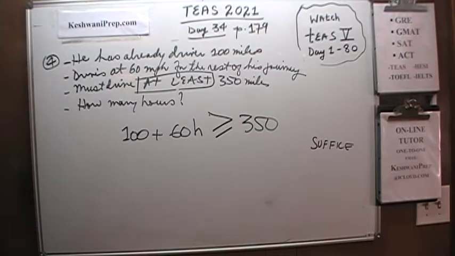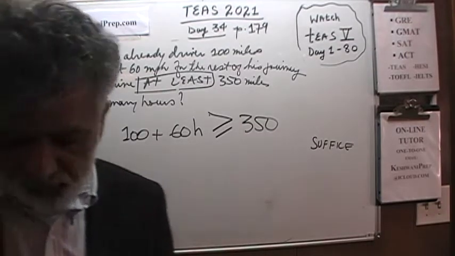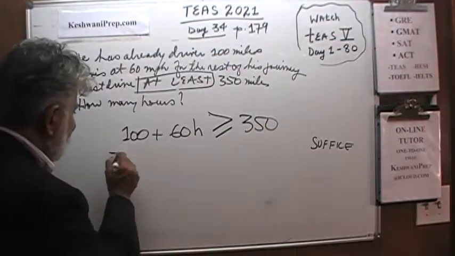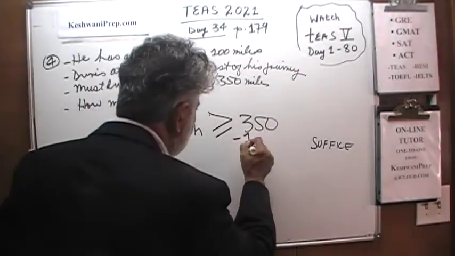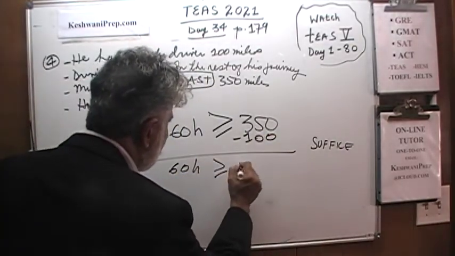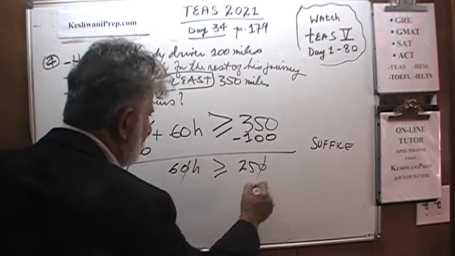That's it, same exact thing. If you wanted to solve this, you could do that. Again, the book is not asking for it, but there is nothing to it. We subtract 100 from both sides. We'll end up with 60 times h has to be greater than or equal to 250. Divide both sides by 10.